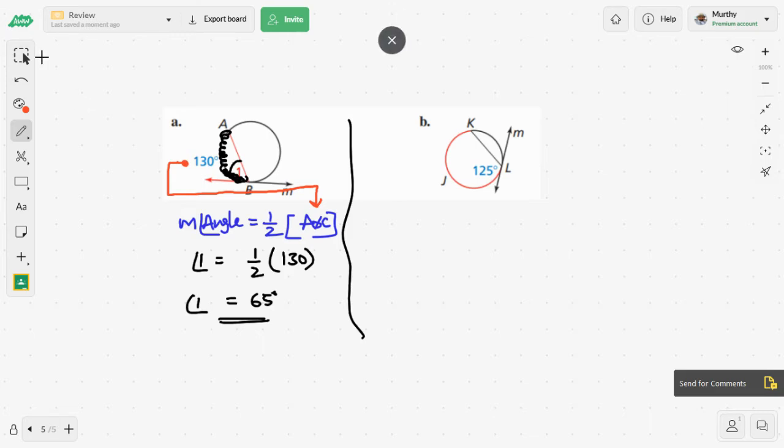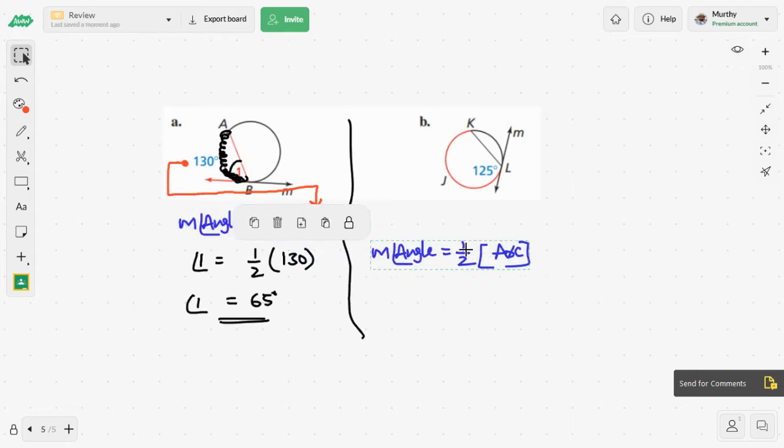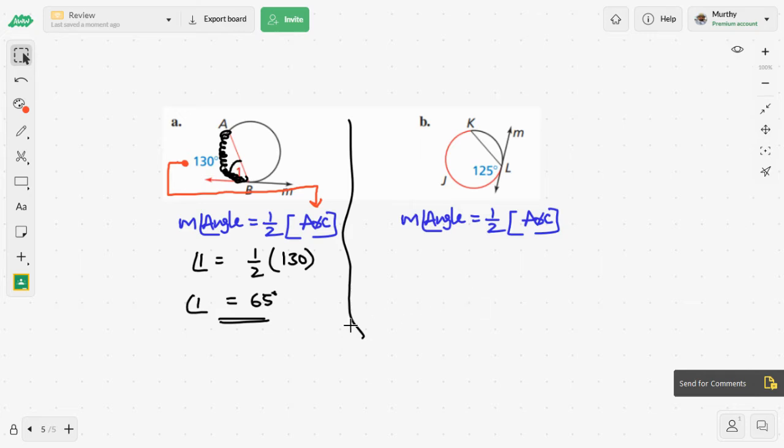Okay, suppose I have to use the same formula in the next question. In the next question, it could be slightly different. Why is this different? Please notice that 125 degrees is given here, right?